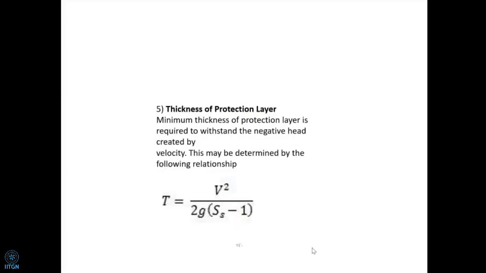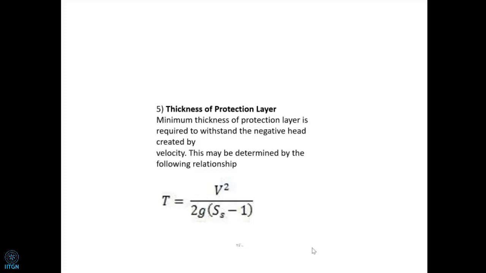Then, once you have the size of the stone, what is the thickness of the stone? The minimum thickness of the stone, again you have specific gravity, the velocity, and then the g is of course the gravitational acceleration. With that, the thickness of the stone is considered.